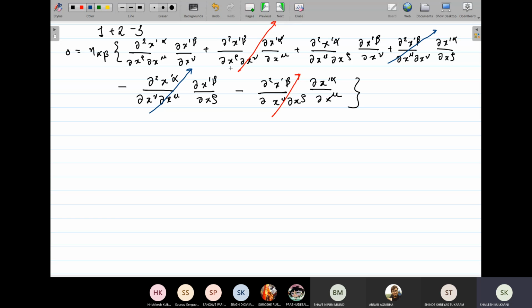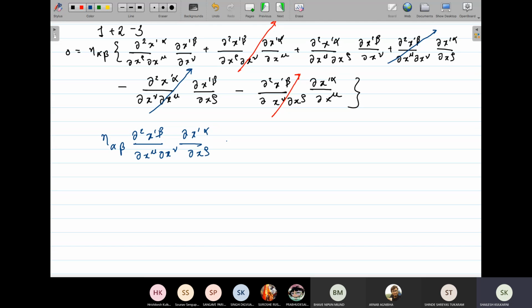Can anyone tell me why? Del 2x prime beta del x mu del x nu. So let us consider these two terms. Okay, there is eta alpha beta del 2x prime beta del x mu del x nu del x prime alpha del x rho.